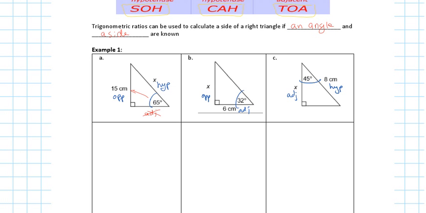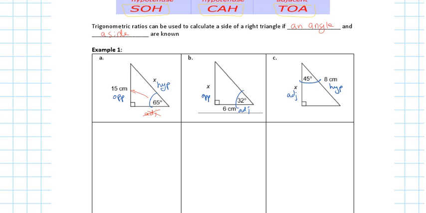Eyes on me for a second. What side do you know? The opposite side. What side are you looking for? Hypotenuse. Because you know the opposite and you're looking for the hypotenuse, which one of SOHCAHTOA has opposite and hypotenuse in it? Sine.